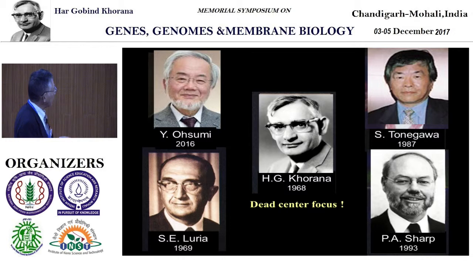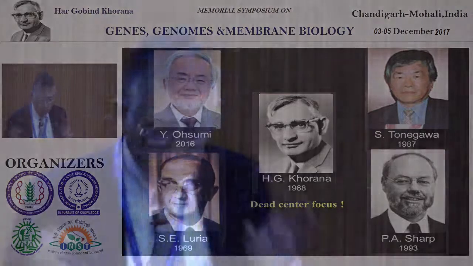My Gobin used to say dead center focus, and that's what these people did. One big piece of advice: I associated with Gobin for 6 years and Tonegawa for 7 years. That's a golden step for failure. I mean, one should become independent much earlier to grow. Association with great people for a long time is not that good.